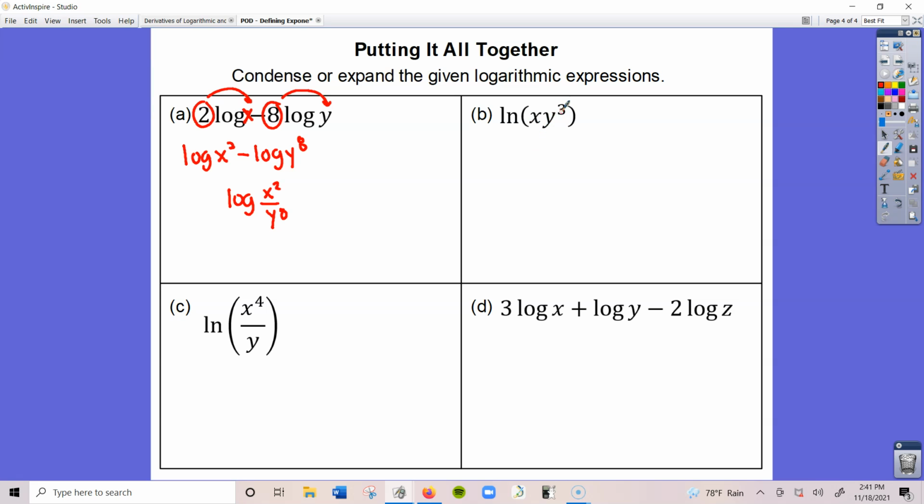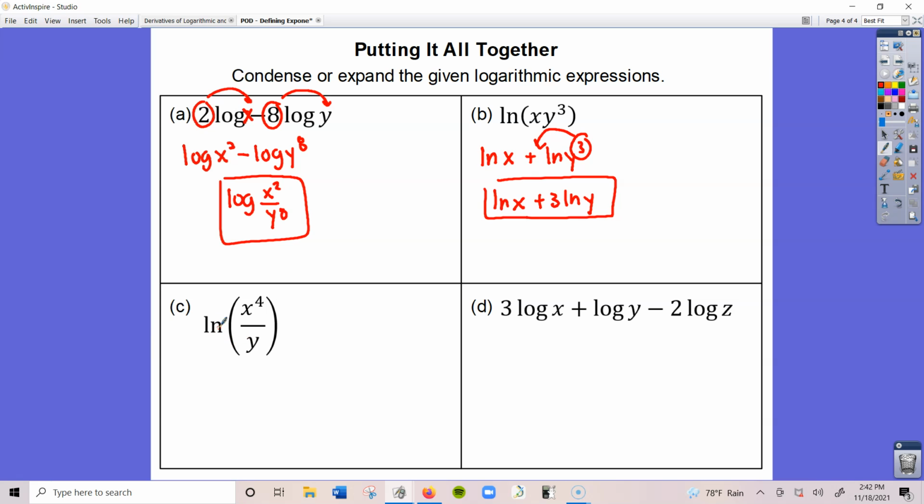Since this is multiplied, I can separate it. I'm going to expand and add these two together. So it'll be ln of x plus the ln of y to the third. Additionally, this exponent can be moved to the front. So ln of x plus 3 ln of y. And that would be my final answer.